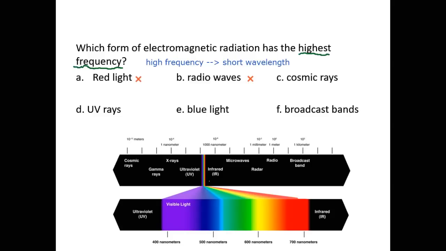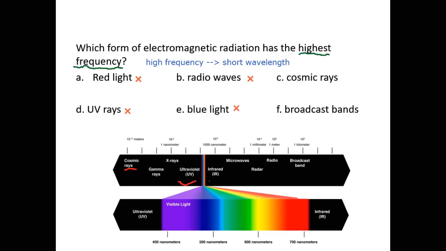Now UV rays are between nanometer and 1,000 nanometers, which is still bigger than cosmic rays. So again, UV is right here. Cosmic is over here to the right, or to the left, sorry. And so cosmic is still higher frequency than UV. Blue light is around 400 to 500 nanometers. So again, 500 nanometers is bigger than a picometer.